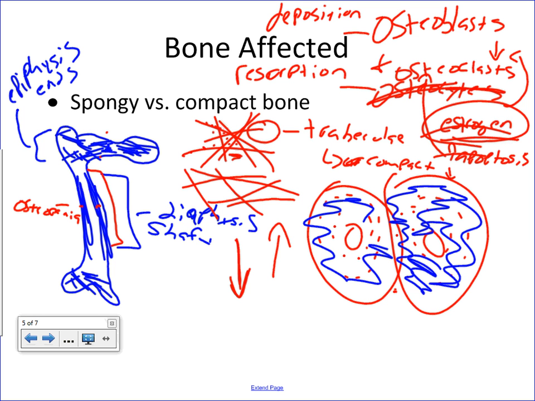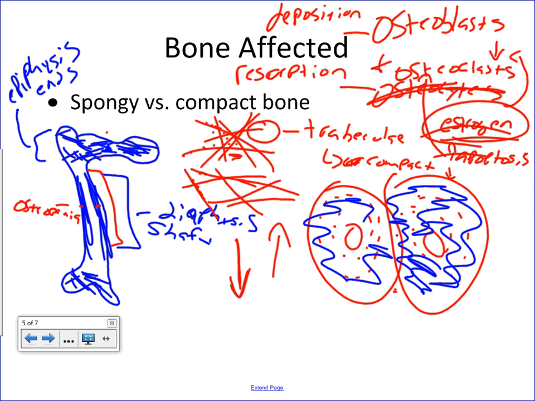They're a lot larger now. And when you look at this under the microscope, you can see that these pores are a lot larger. These beams just look really ragged and structurally they don't look like they have a lot of integrity. Okay? So then that's going to make these bones weak.